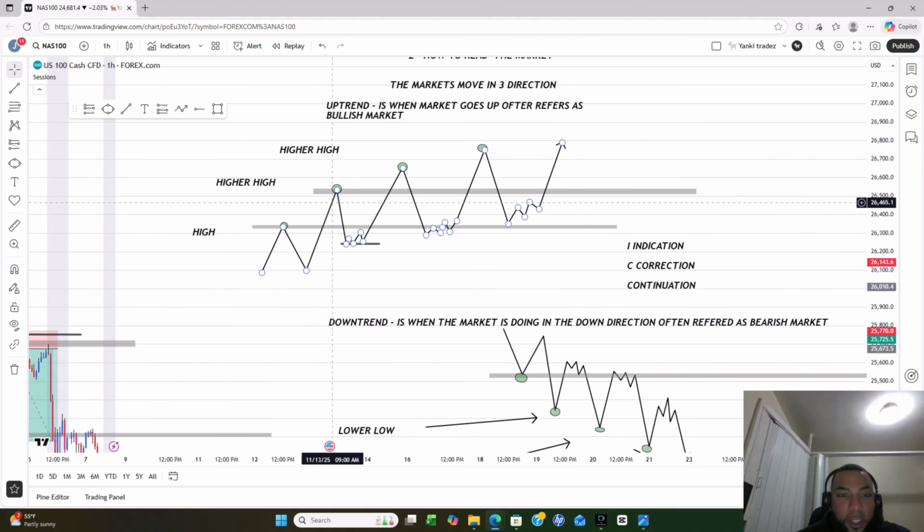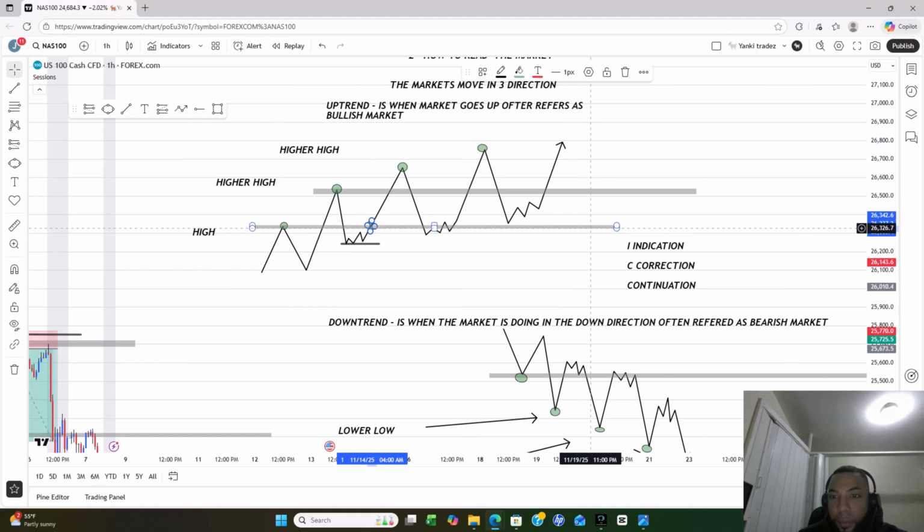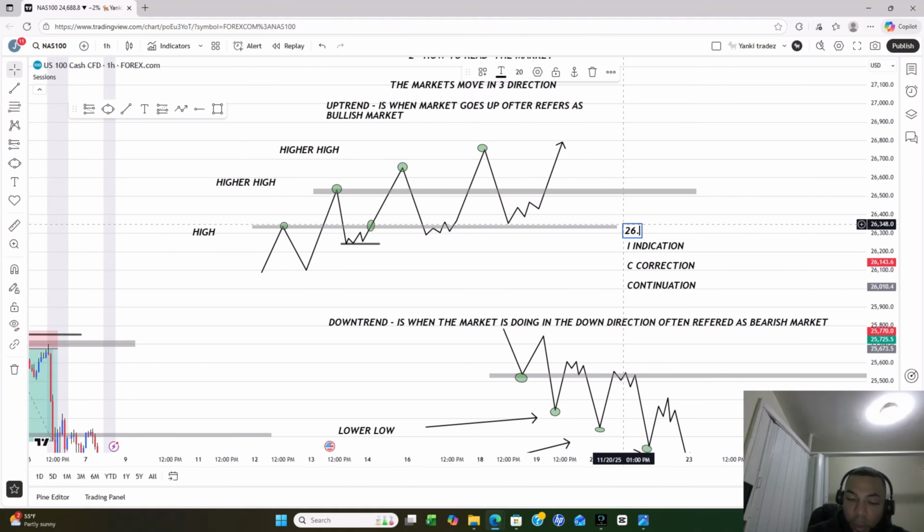Right. Indication, correction, and that's when we trade. That's when we place our trade. Boom. At the break of, let me see, 26,330, I think.